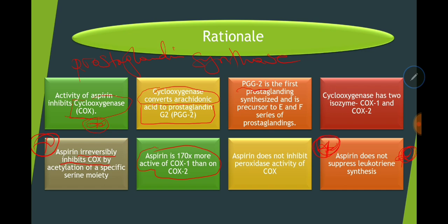Leukotrienes are also inflammatory mediators, okay? And if a patient takes steroids, those steroids are going to block. So steroids prevent inflammation by blocking phospholipase A, so arachidonic acid is not produced.